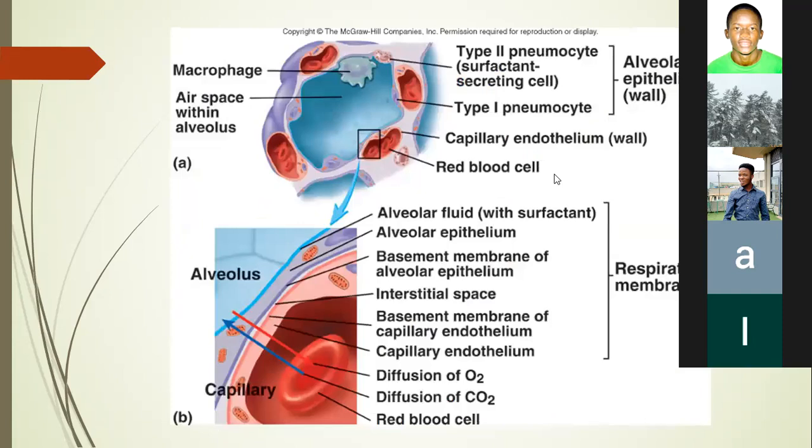So this diagram, again, I think it was among the last ones we had discussed in class, where I was showing you the layers through which they have to pass. If you increase the surface area, you are increasing the flow. If you increase the thickness through which the gas has to pass, you reduce the amount that is able to diffuse or exchange.